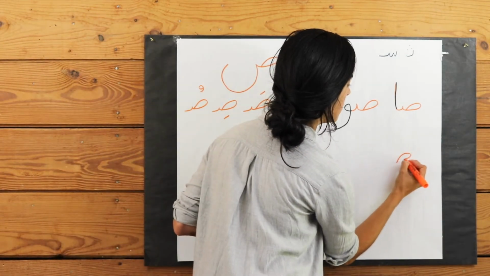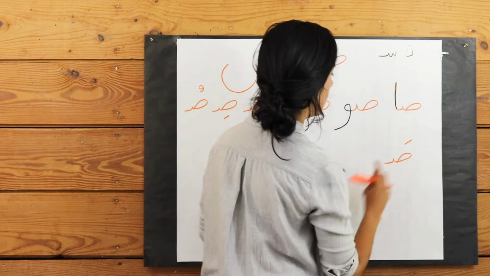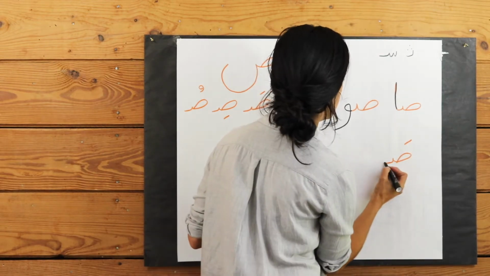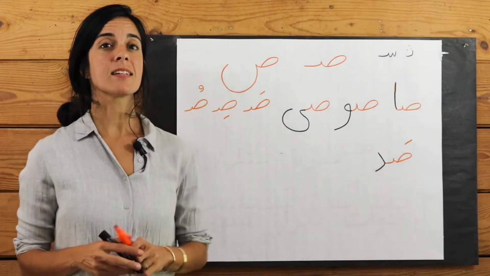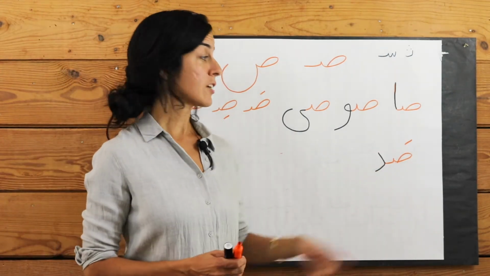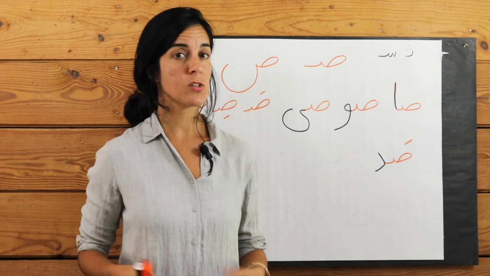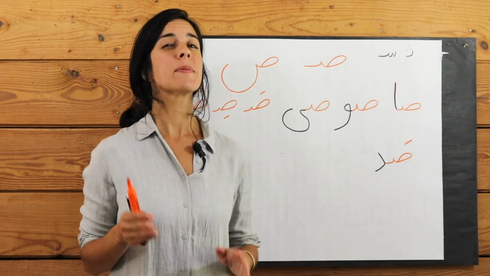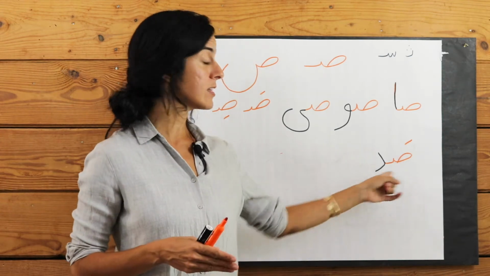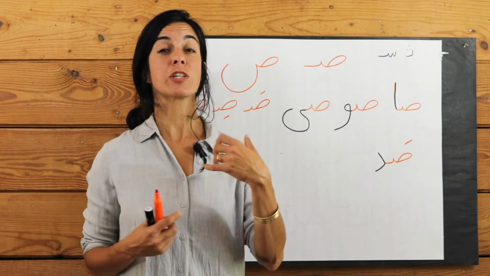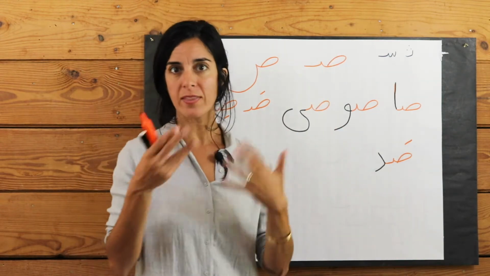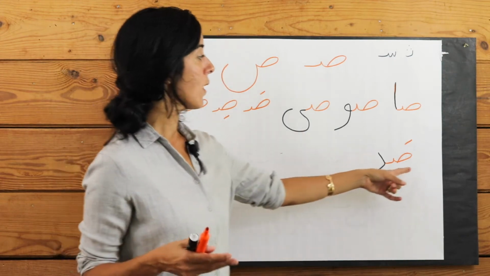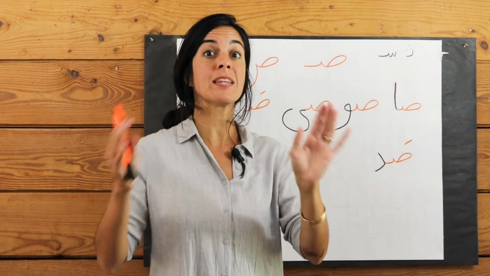Let's learn some different words using this type of se sound. The first is sad. This sad is actually the word for 100. So that's how you write sad, 100. But there's also a different word that sounds the same, sad, and it's the word for damn. That one uses a different se. So sometimes you have the same word, same sound, but they use a different se.